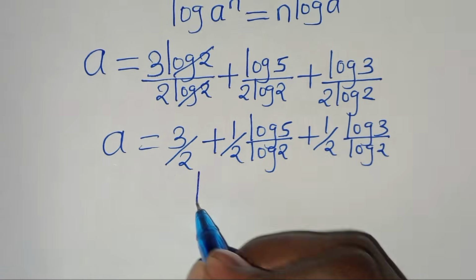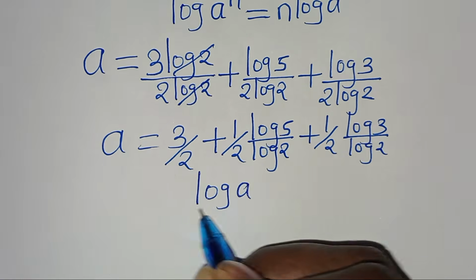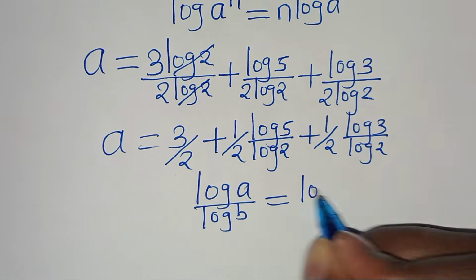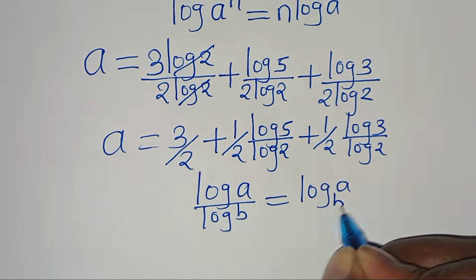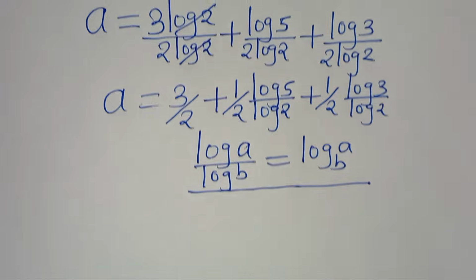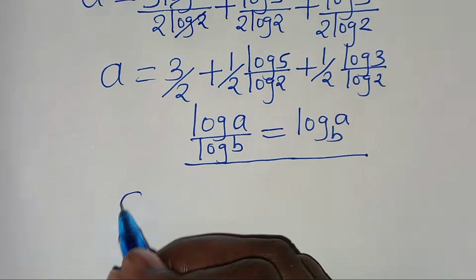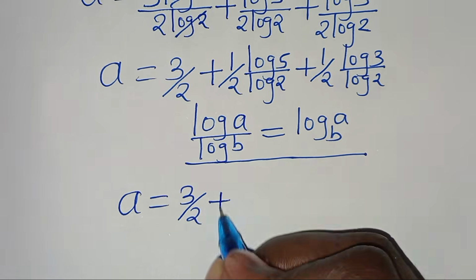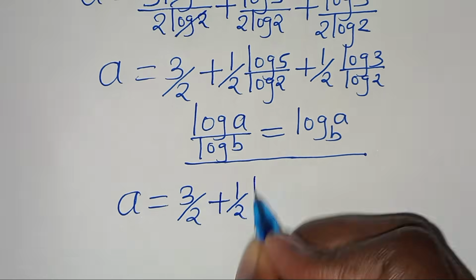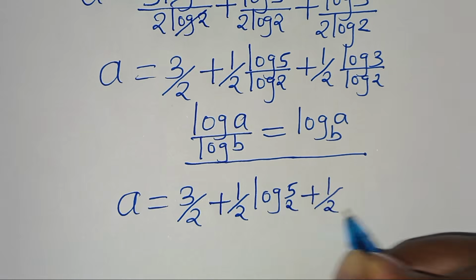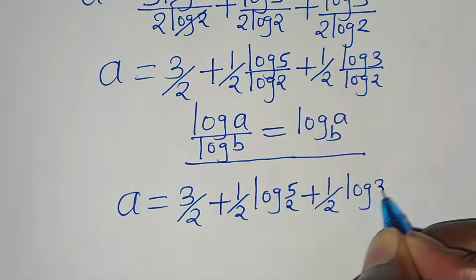This is in the form of log a divided by log b, which we can express as log a to base b. So let's apply this logarithm property, so that now a is equal to 3 over 2 plus half log 5 to base 2, then plus half log 3 to base 2.